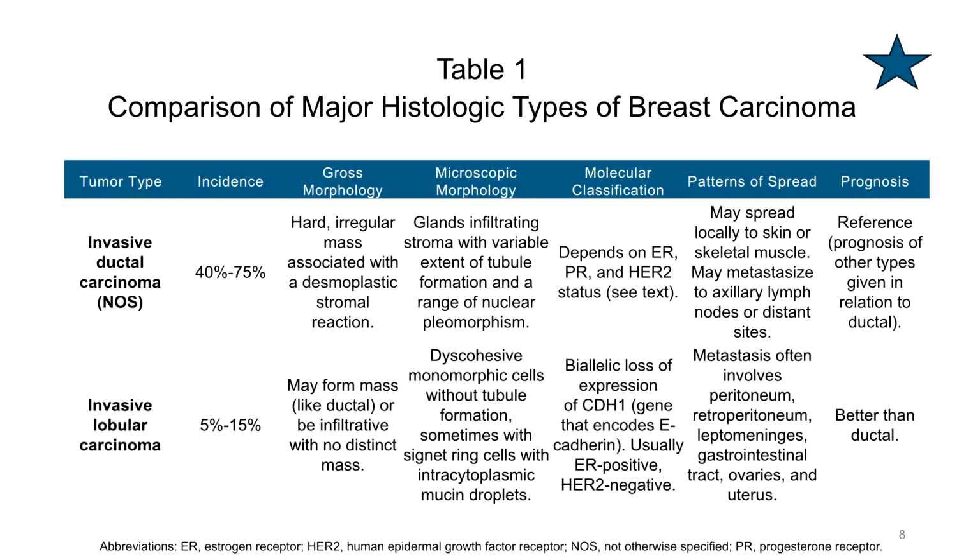The molecular classification will depend on the estrogen receptors, on the progesterone receptors, on the human epidermal growth factor receptor 2. And of course, prognosis will depend on whether those receptors are positive or negative in the immunohistochemical results.